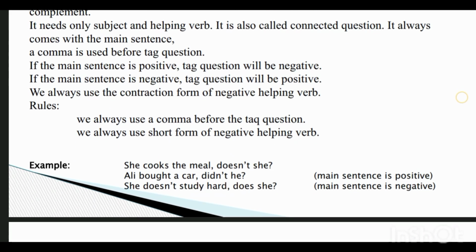Examples: she cooks the meal, doesn't she? Ali bought a car, didn't he? She doesn't study hard, does she?